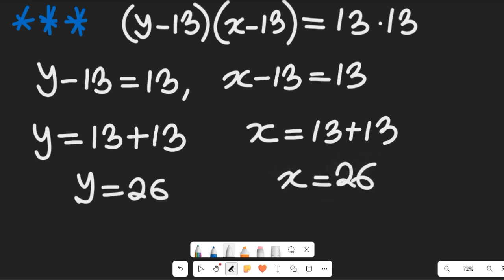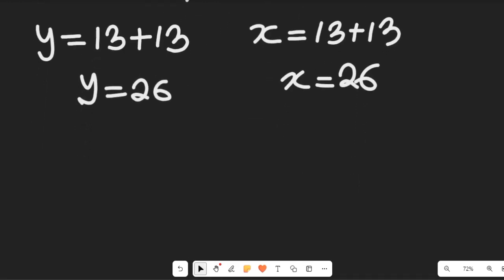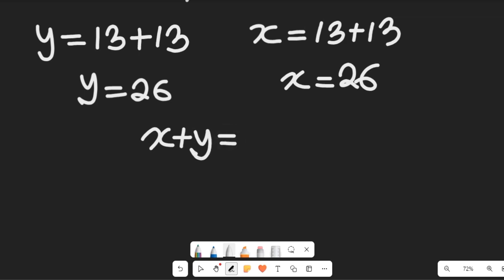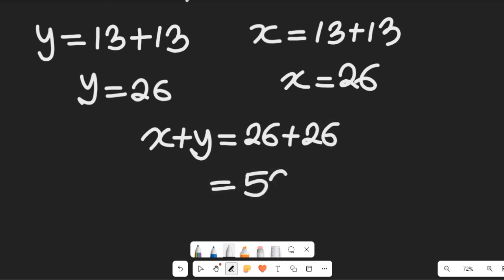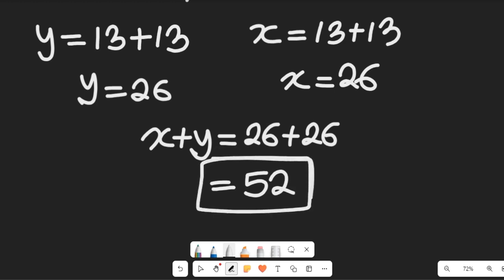So if we have that solution, the value of our x plus y will now be equal to 26 plus 26, and that will be equal to 52. So 52 is the solution to that expression given to us up there.